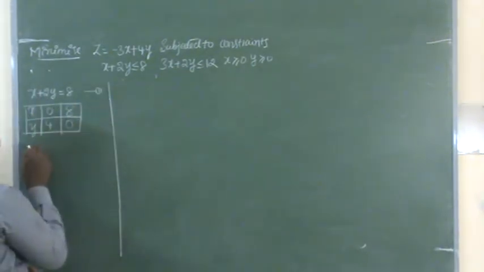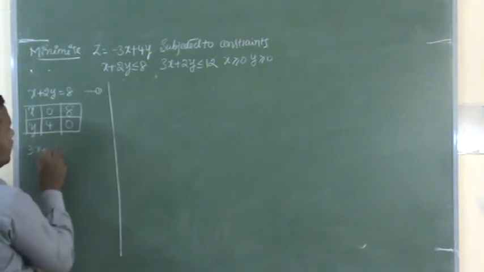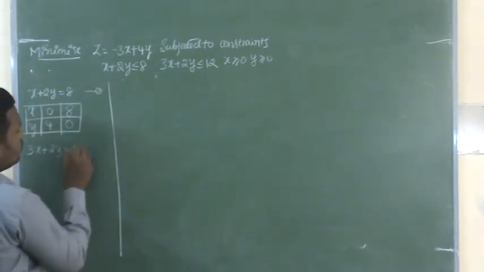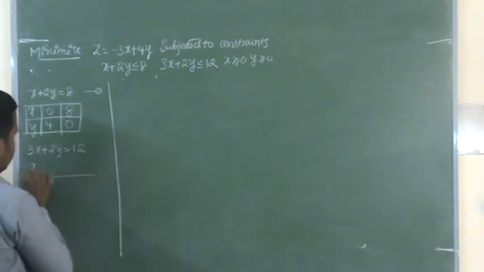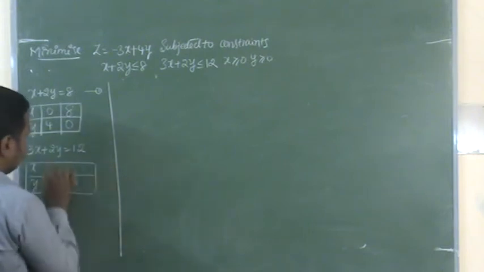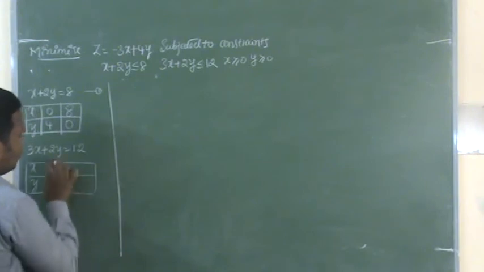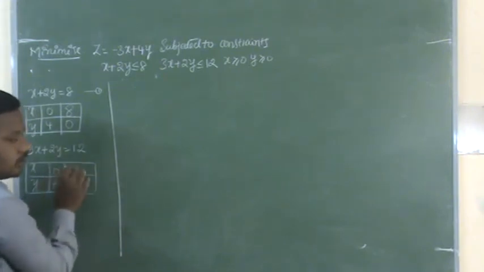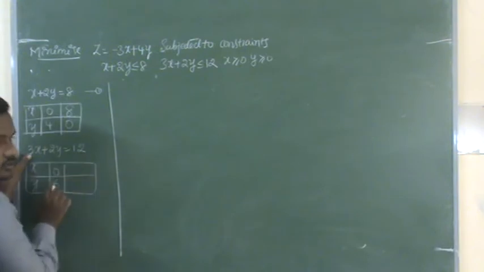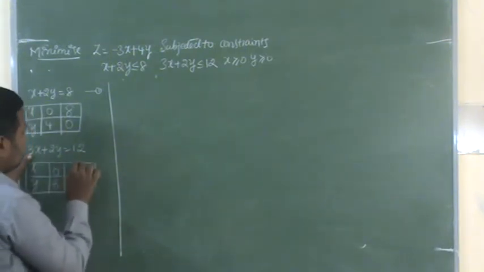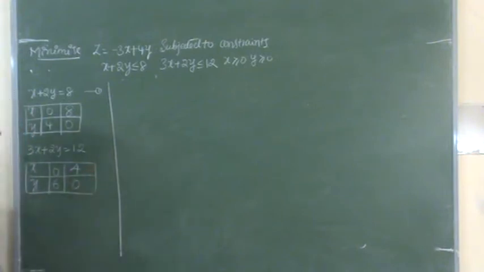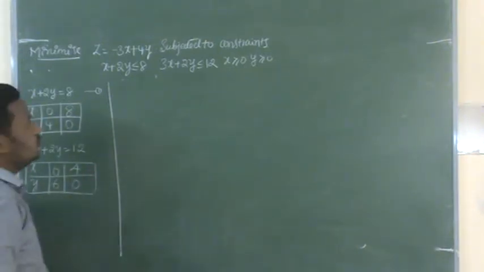And the second equation, 3x plus 2y is equal to 12. When x is equal to 0, y is equal to 6, and when y is equal to 0, the x value is 4.